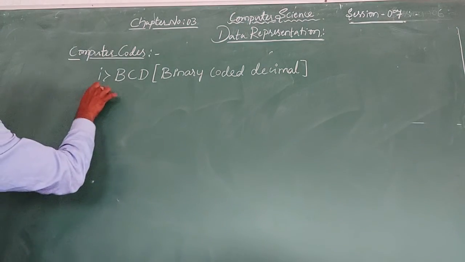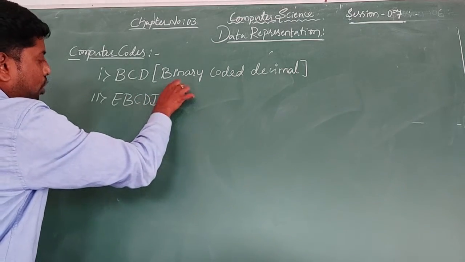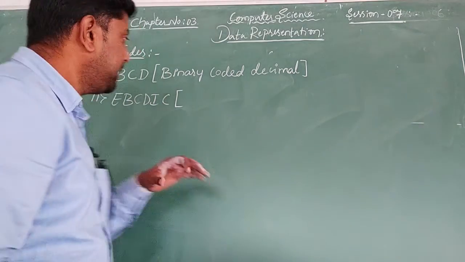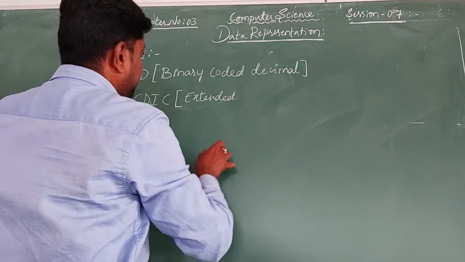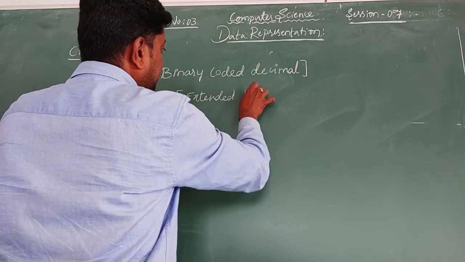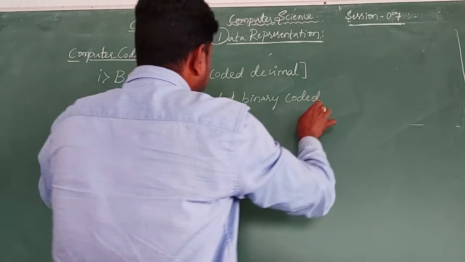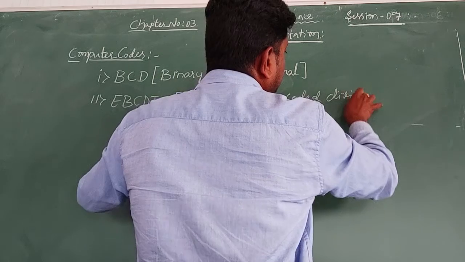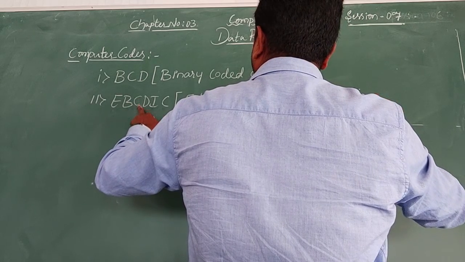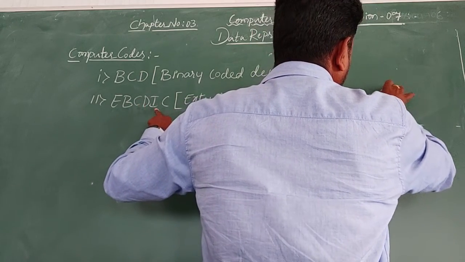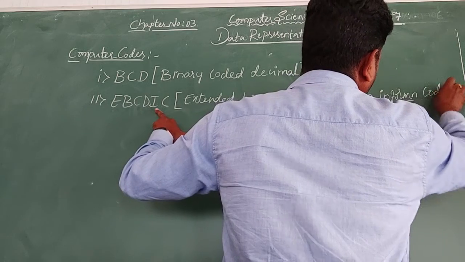Then coming to the second type, EBCDIC. If I want to abbreviate this, EBCDIC: extended binary coded decimal interchange code.